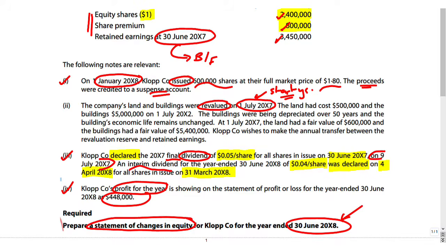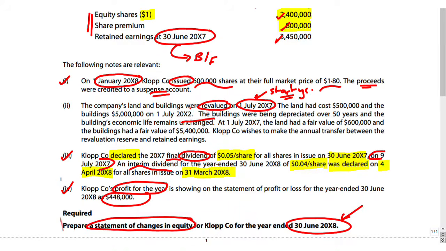They were revalued. The land had cost 500,000 and the buildings 5 million on the 1st of July X2. So is that about 5 years ago? The buildings were depreciated over 50 years, and the building's economic life remains unchanged.